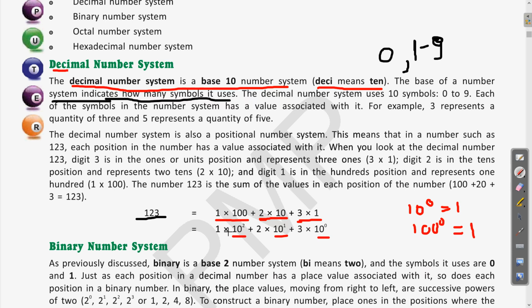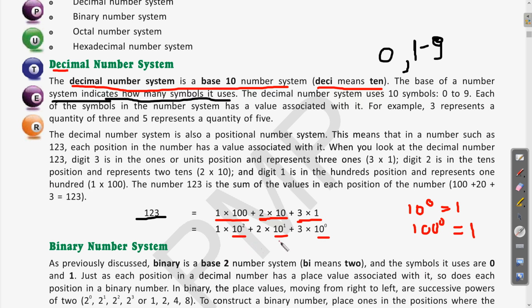So now the value of 123 is written in the form of each digit multiplied with a power of the base. Clear? This is something you should understand very clearly: here the 3 is multiplied with the base, that is 10. Here also it is multiplied with 10, and here also with 10. All of the digits are multiplied with 10, the base of this number system.